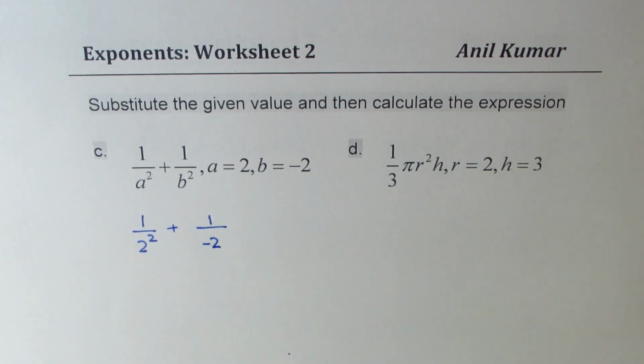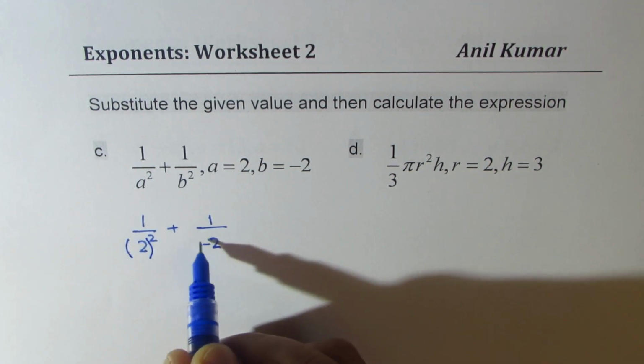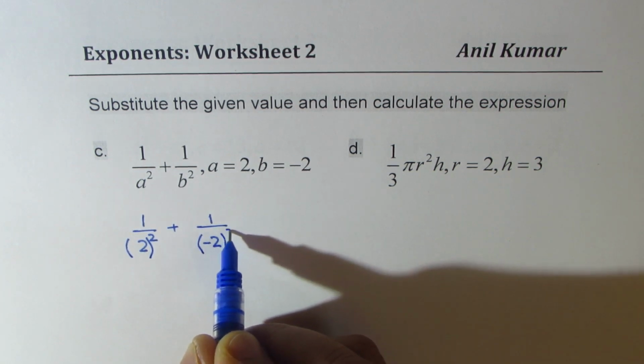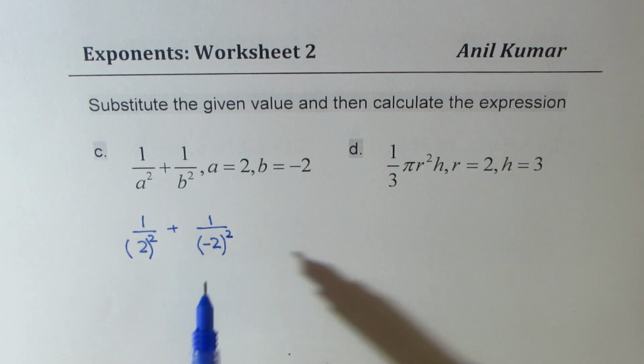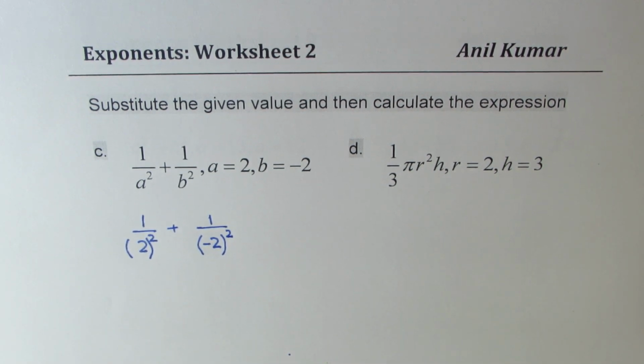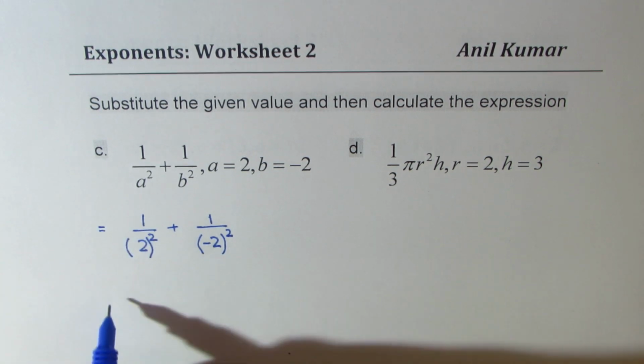It's important that we always write our numbers in brackets, so that we don't make a mistake. If you don't use brackets, you might make a mistake, right?